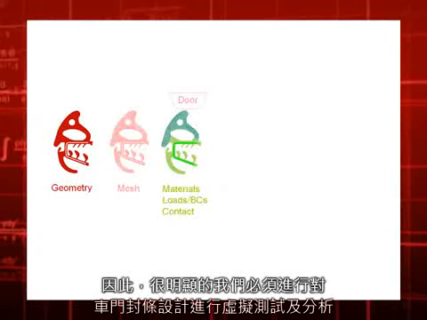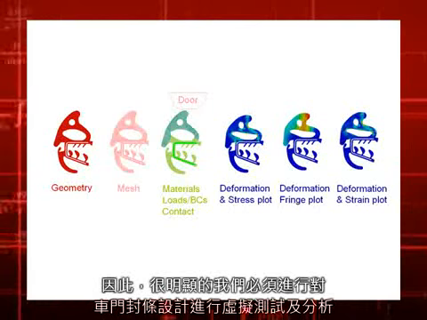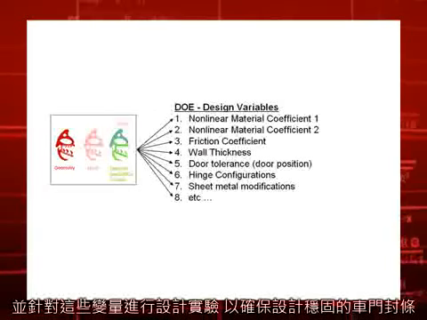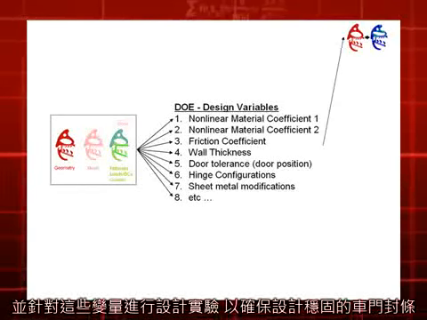Therefore, it becomes clear that one must perform virtual test analyses on the door seal designs and run a design of experiments on these variables to ensure a robust door seal design.